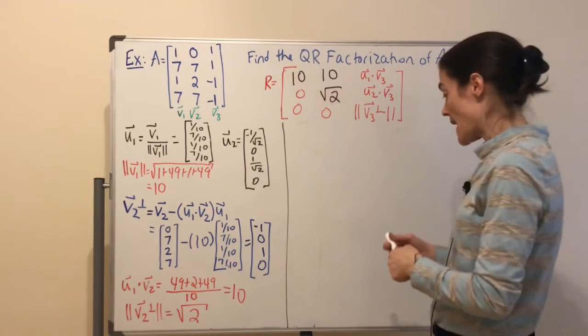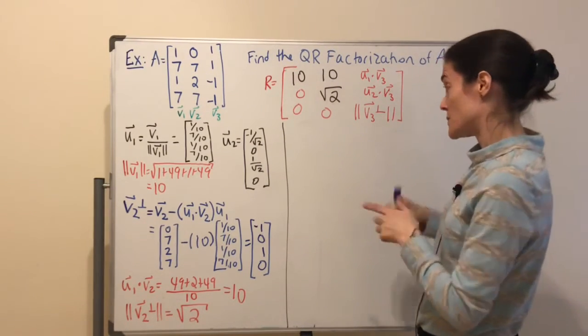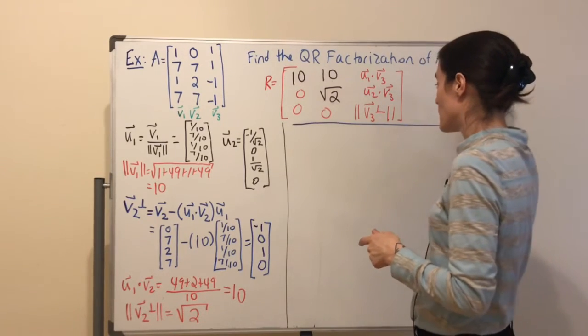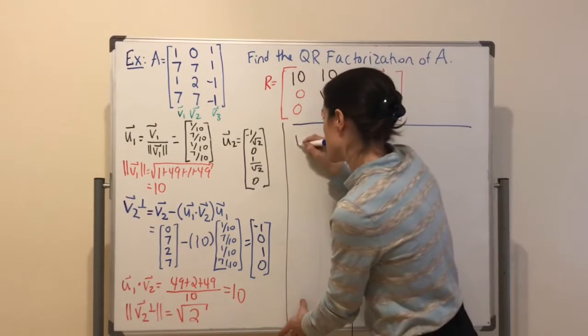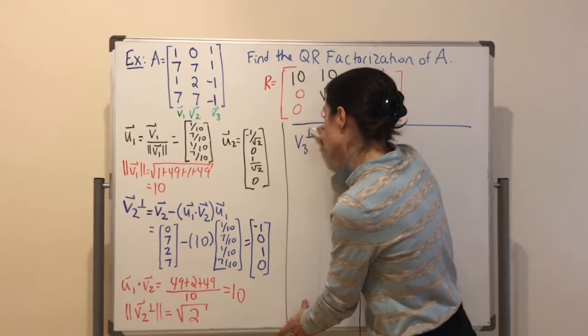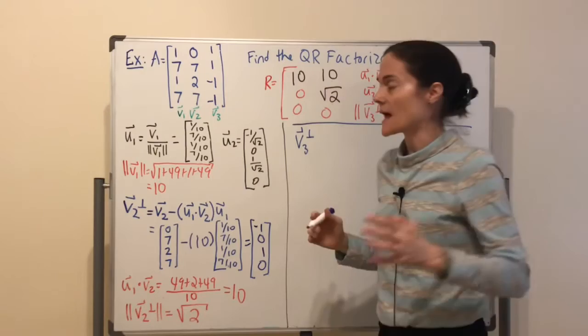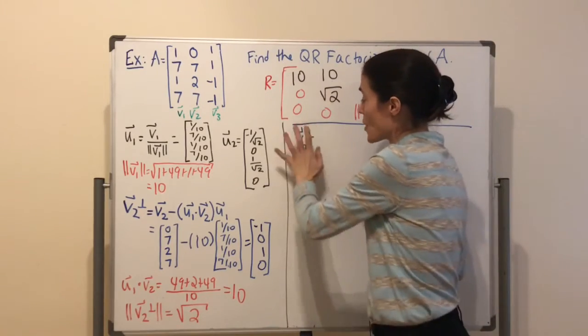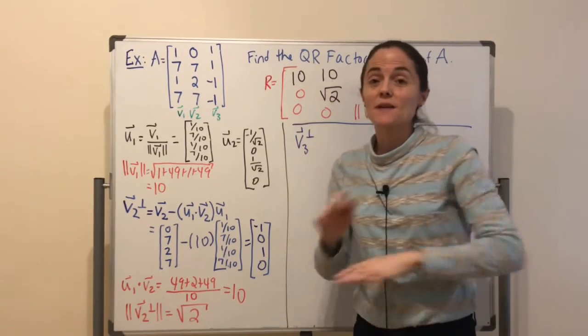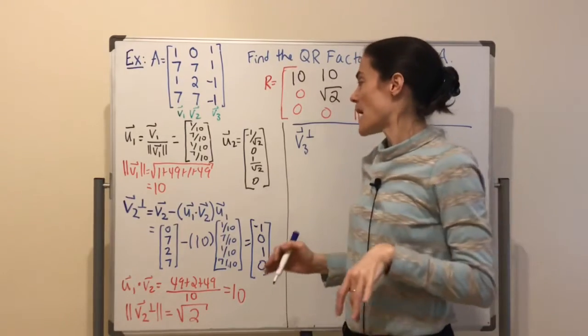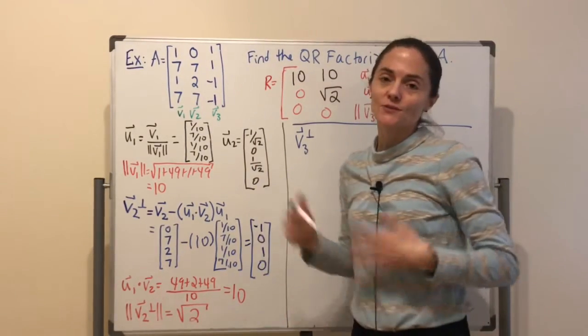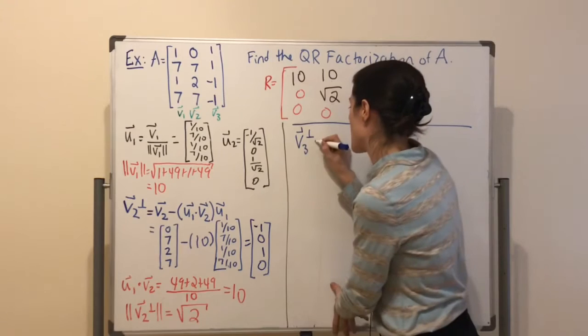Okay, well now what we need, this part I was doing in blue, we need this, except this is not projecting on the same line or even any line. This is the component of V3 that's orthogonal to the plane spanned by U1 and U2, or V1 and V2 if you want to think about it that way.